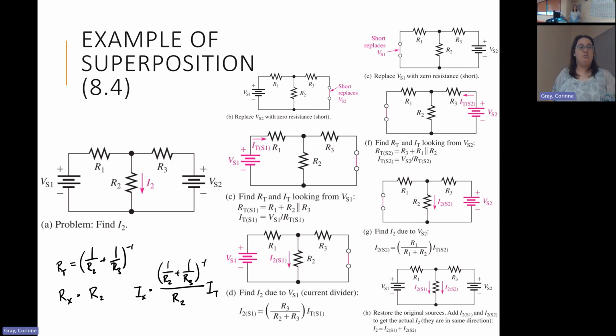Look at each source individually, replace your batteries with an ideal wire, replace your current source with an open circuit, so you're actually breaking your circuit, and see if you can find the voltage or the current across that missing piece. Any questions about superposition so far?